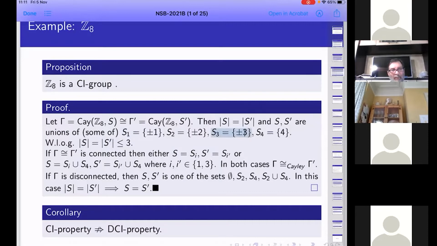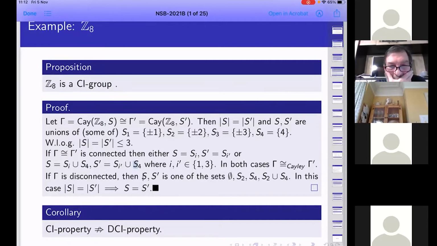And in that case, the graphs are just 8 cycles, and they are Cayley isomorphic. You can apply multiplication by 3 and move one connection set to another. The second case is when they are cubic graphs, and this is possible only if you add this set to the connection set, and also in this case you can check that they are Cayley isomorphic.